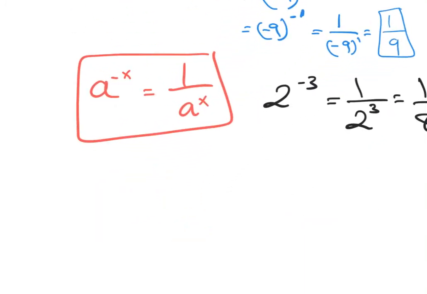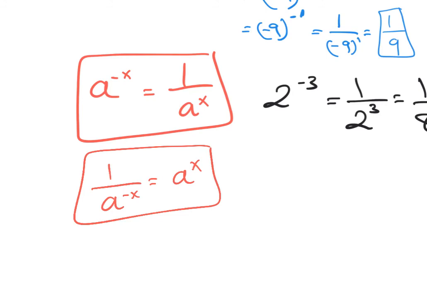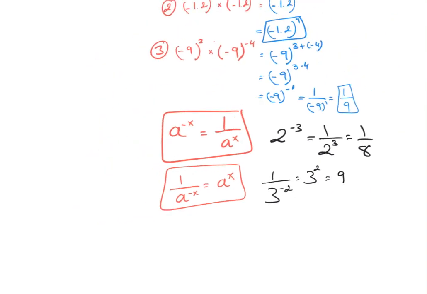The same thing if I have 1 over a to the negative x, that would be a to the x. So if I have, for example, 1 over 3 to the negative 2, that will be 3 to the second, which is going to be 9. So this is very important when we deal with negative exponents. Make sure you always change it to a positive exponent.